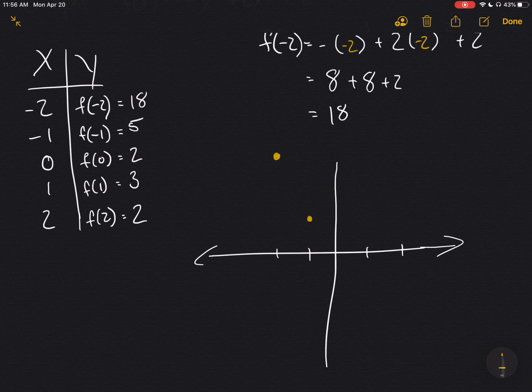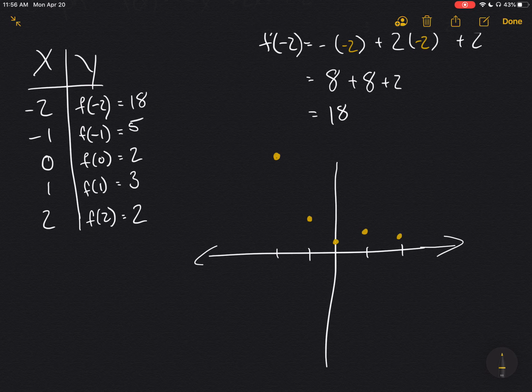And then we go to our next point at 0. We want to go up 2 units, which is about half of 5. We'll go there. At 1, we get out a 3 for a y value, which is a little bit above 2, so I'll put it slightly above. And then at 2, we've dropped back down to 2.